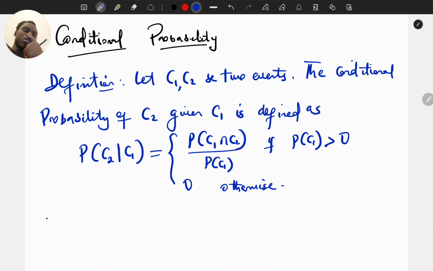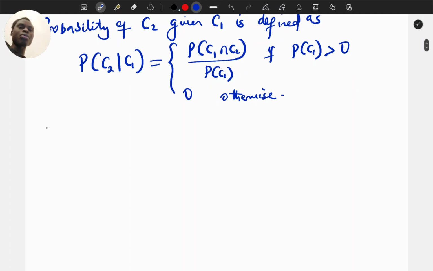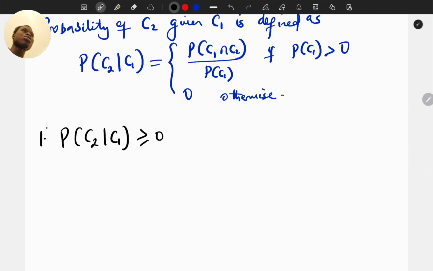So that forms the basic definition of conditional probability between two events. We can verify that the probability of C2 given C1 is always greater than or equal to 0 for any C2 that belongs to our Borel sigma field.